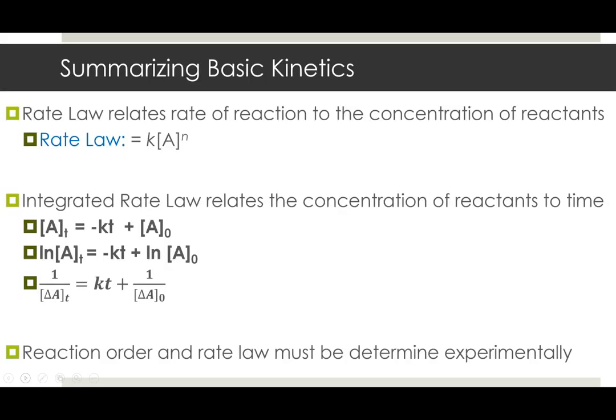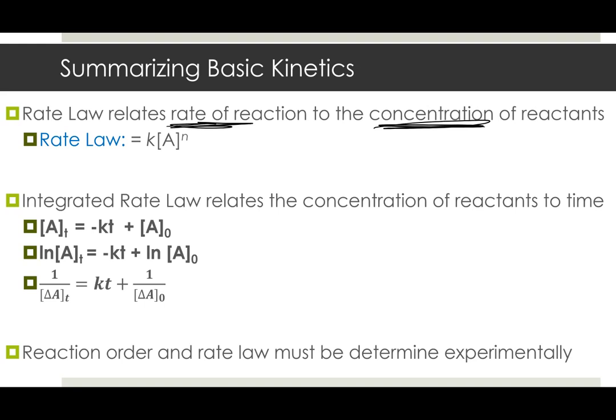At this point, I like to just summarize the chapter, because we're going to move forward into something a little bit different. Summarizing just the basics of kinetics, we looked at the rate law. The rate law relates the rate of a reaction and the concentration of the reactants.